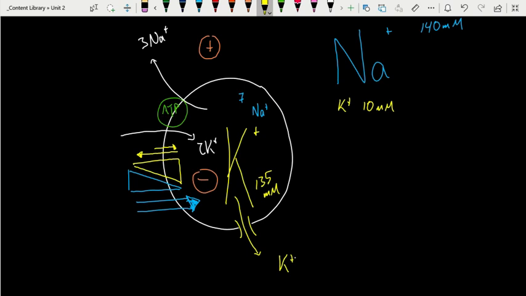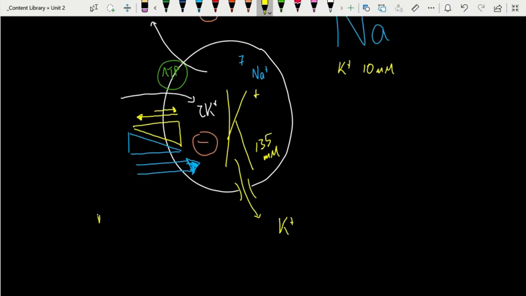So the final concentrations, we've already got that listed up, 135 on the inside, 10 on the outside for potassium. For a given neuron, this will result in a resting membrane potential at about negative 70 millivolts.